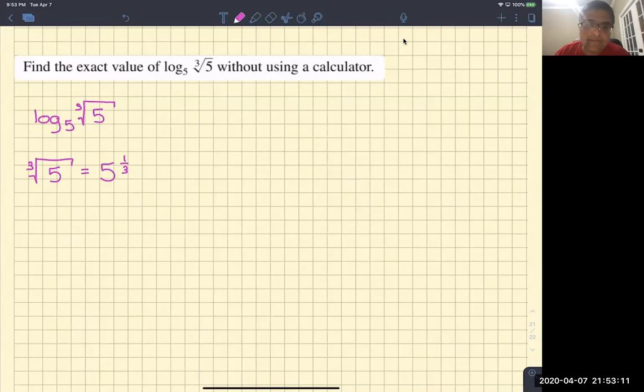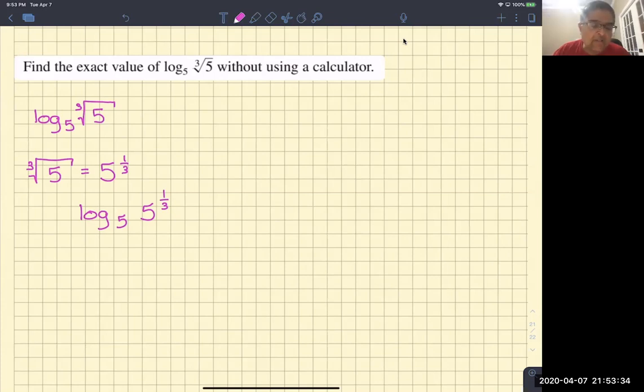Okay. So log base 5 of the cube root of 5 is the same as log base 5 of 5 to the 1/3 power. So what do I do with an exponent inside of a logarithm when I'm not contracting it?